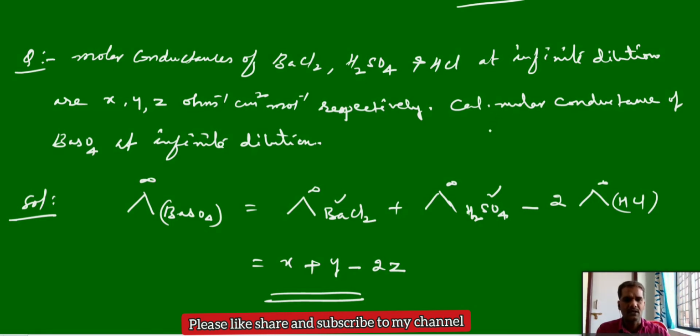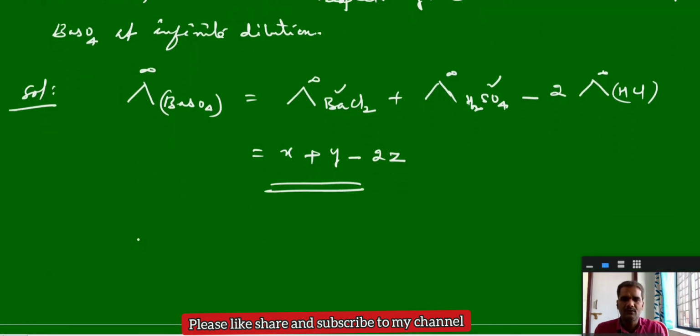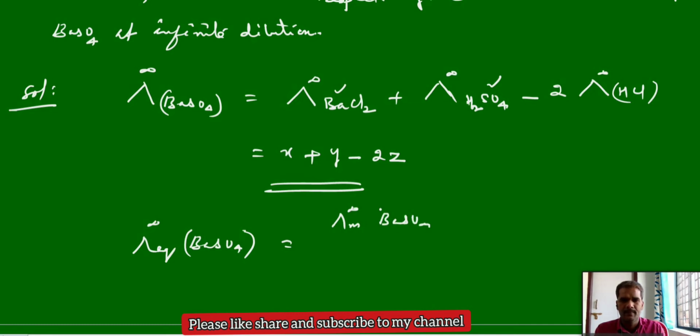And if they ask the equivalent conductance of barium sulfate at infinite dilution, the same question, then what we have to do? The equivalent conductance of barium sulfate is nothing but the molar conductance of barium sulfate at infinite dilution divided by the n factor. The n factor is 2 here.